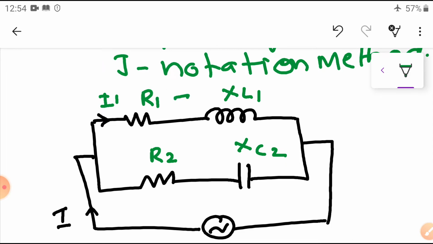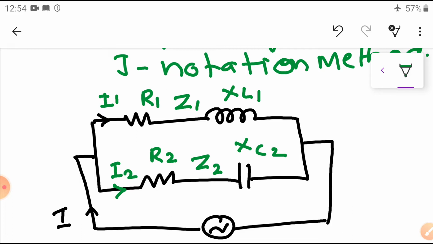Here we are going to get Z1, and here Z2. This is the current I1, this is the current I2. From this circuit, I am going to do the problems.